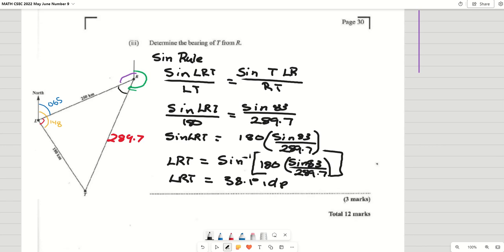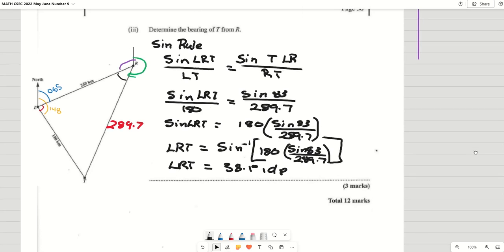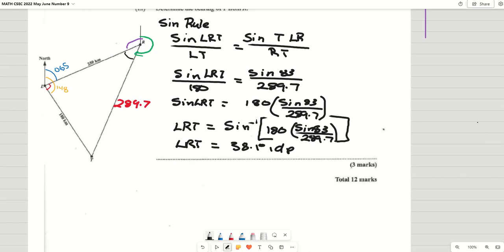Now our purple angle kind of ran out of space because I was writing big. We can see that 65 and the purple angle are co-interior angles, so when you add 65 and that purple angle it gives you 180 degrees.